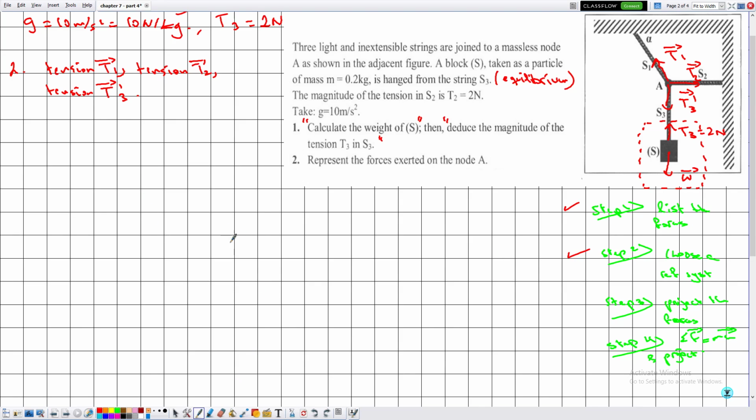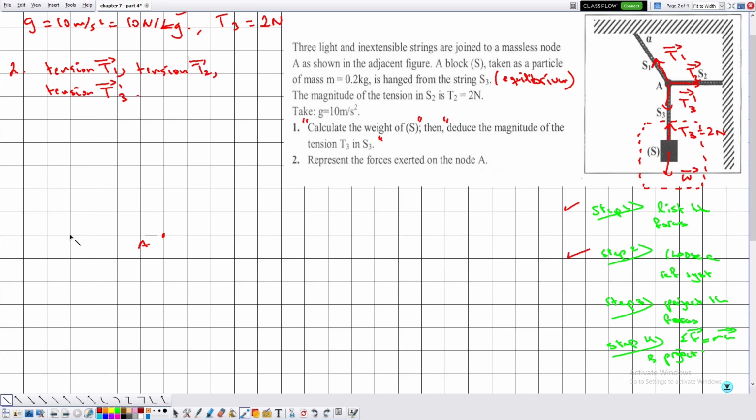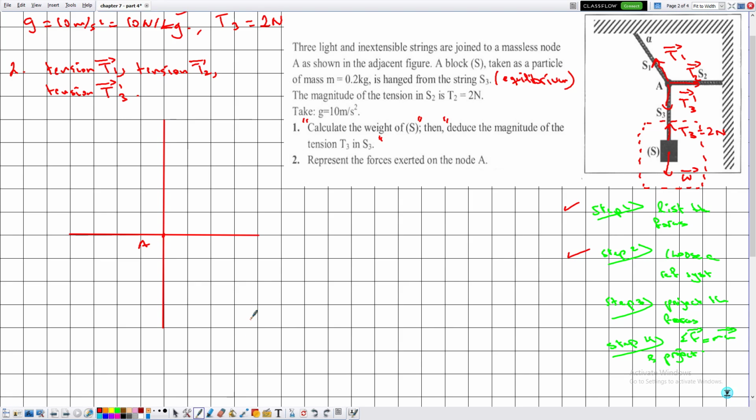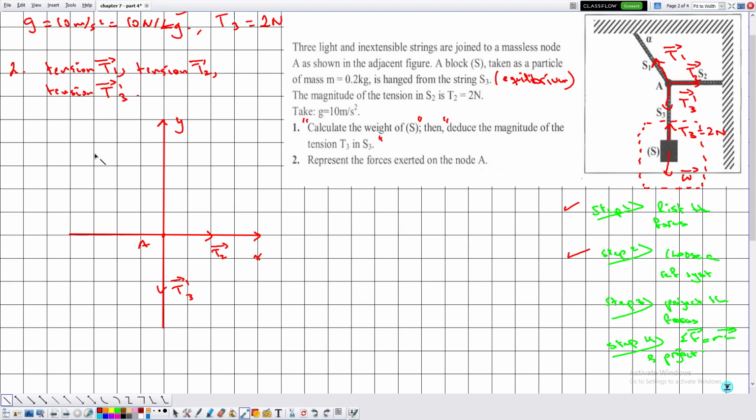So suppose that this is the point A. This is the x-axis, y-axis, this is the tension T2, this is the tension T'3, and suppose that here we have a support like this.